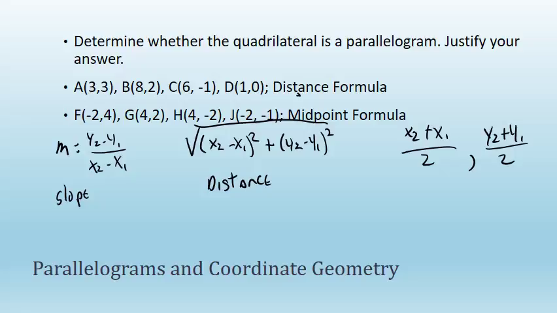In looking at the endpoints of the diagonals and plugging them into the midpoint formula, if it has the same coordinate, then they do in fact bisect each other. In other words, from the midpoint, the segments are congruent.